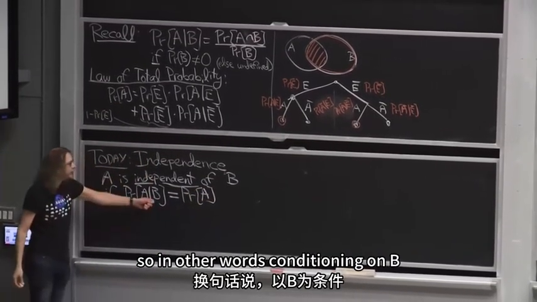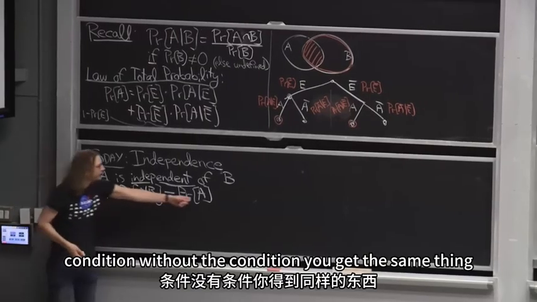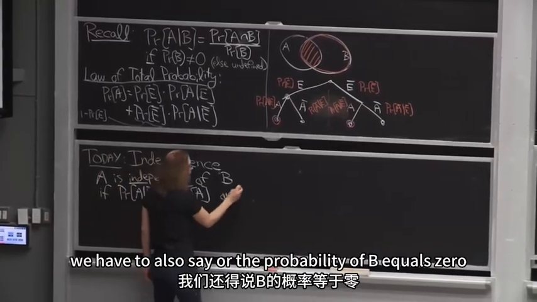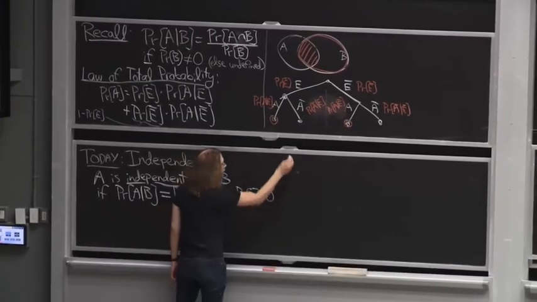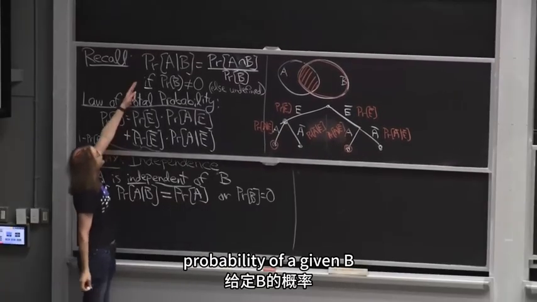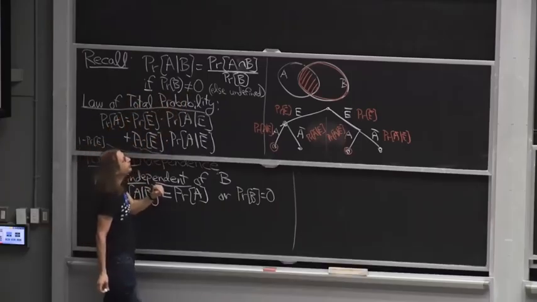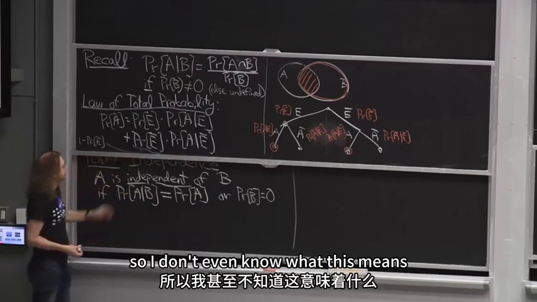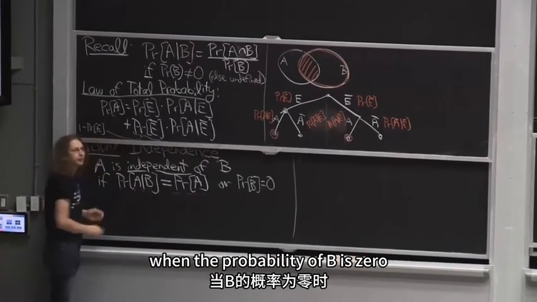In other words, conditioning on B does not affect the probability of A. With the condition or without the condition, you get the same thing. We also have to say "or the probability of B equals 0," for this annoying technical reason, which I forgot to mention up here: the probability of A given B is not defined when the probability of B is 0, because then you get a division by 0 error. We don't like those. So I don't even know what this means when the probability of B is 0.